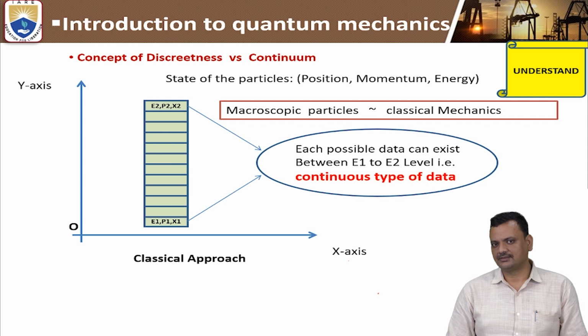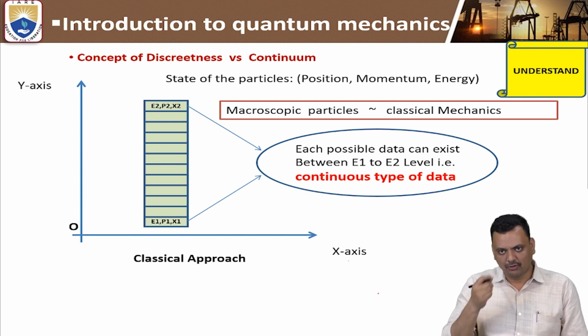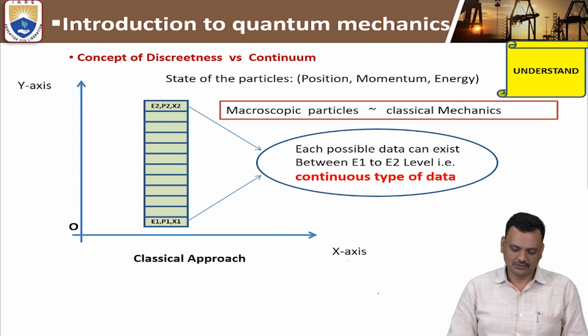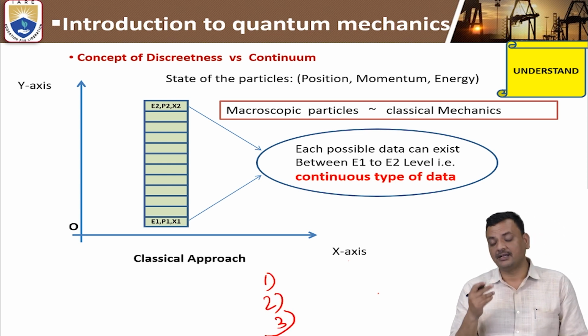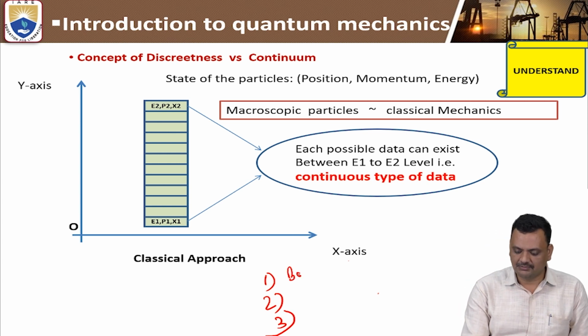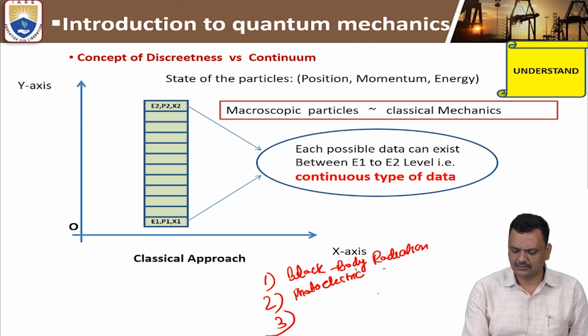So that is why quantum mechanics evolved and what the breakthrough was. Due to that, people thought of some new approach. They tried to explain three experiments: the first is black body radiation, the second is the photoelectric effect, and the third is the spectrum of the atom.